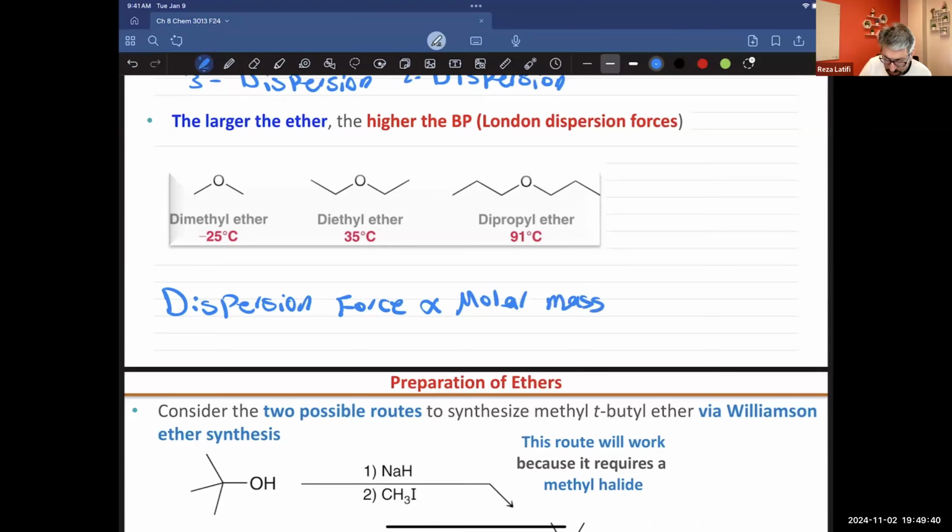As we increase the size of the particle and the molar mass, the dispersion force will go up. We started with methyl, we replaced it by ethyl, and next we replace them by propyl. The more carbon we have, the higher dispersion force we will get. So that molecule is going to have a higher boiling temperature, simply because of the size of the particle or the molar mass.